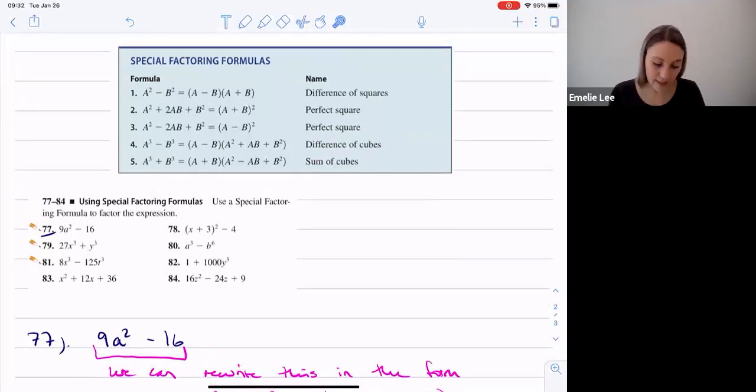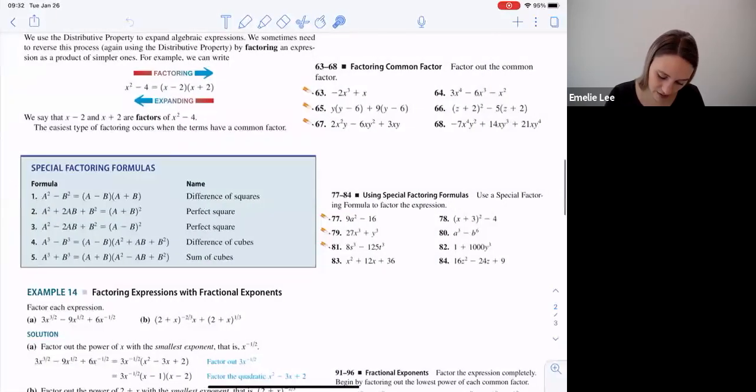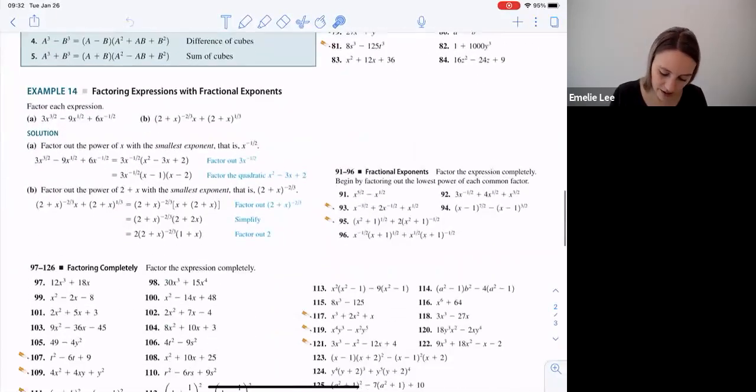So what I do want to spend time on is factoring fractional exponents. Okay, so to factor fractional exponents, we need to work with exponent laws, but also because we're dealing with fractions, we've got our fraction rules that we have to deal with as well.